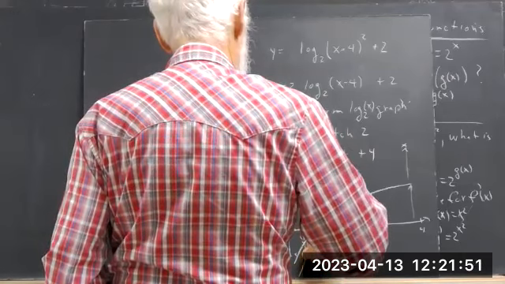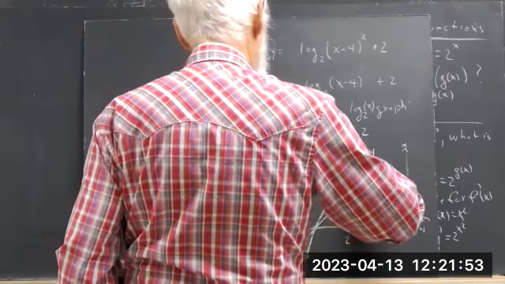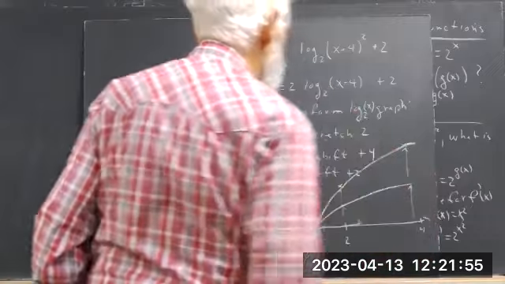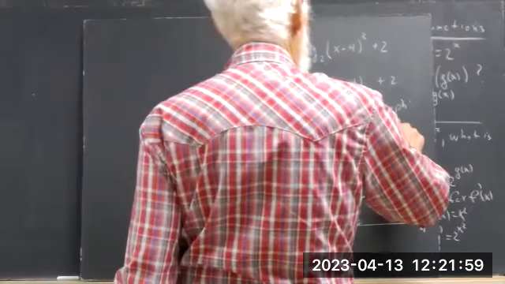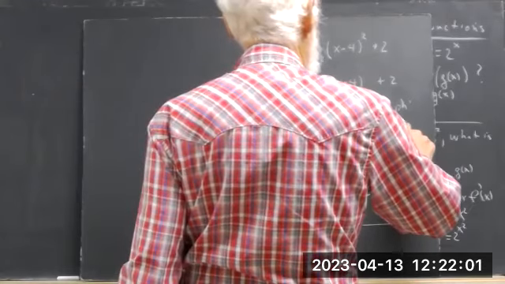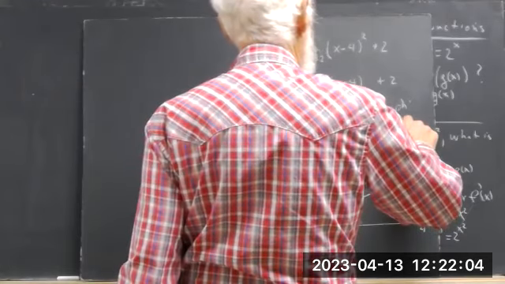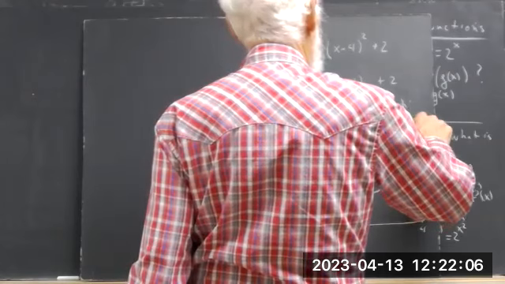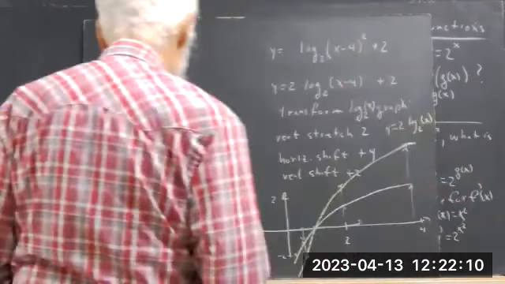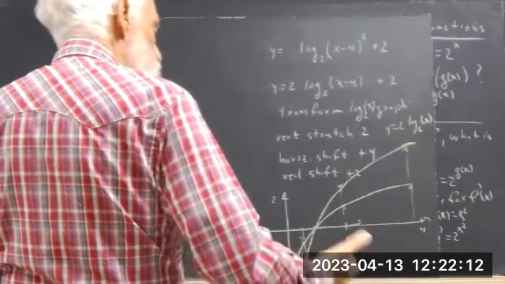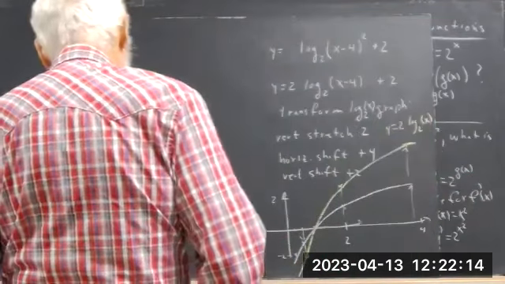Now, I'm not going to explain the details since we're just about out of time. And here you get the graph of y equals 2 log base 2 of x. Then you shift every point 4 units to the right.